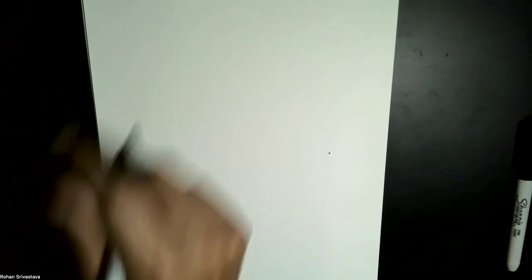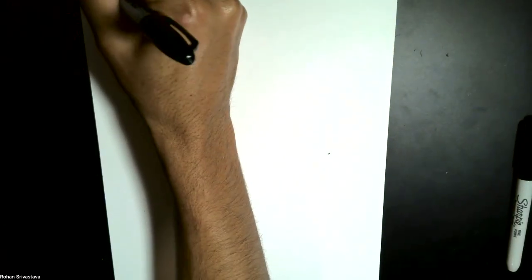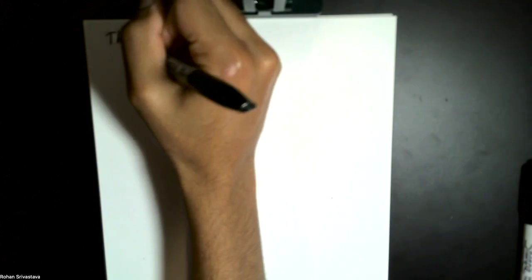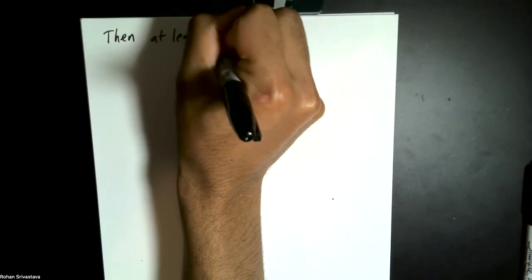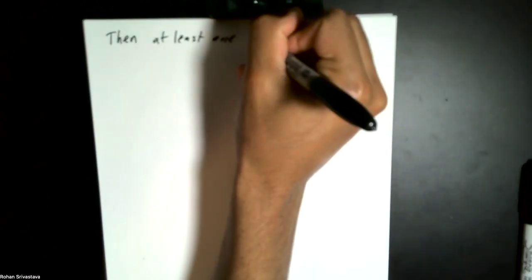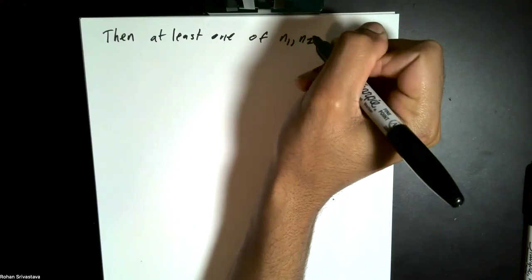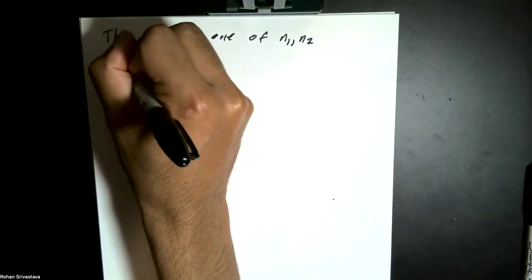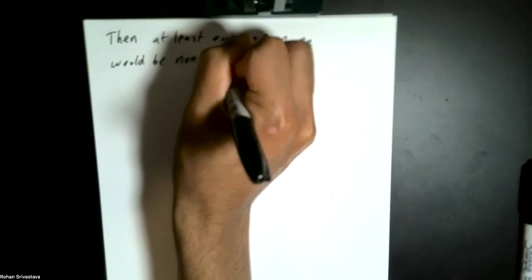Then at least one of n1 and n2 would be non-zero. They can't both be zero since they are distinct.